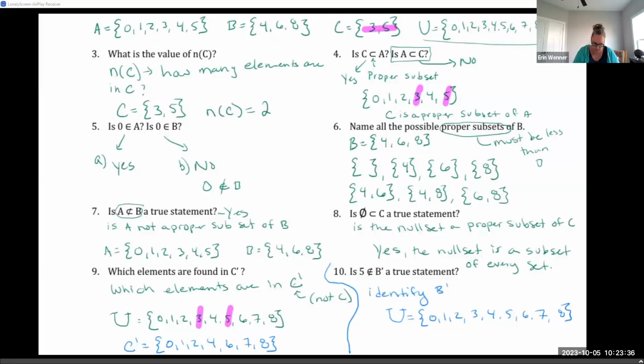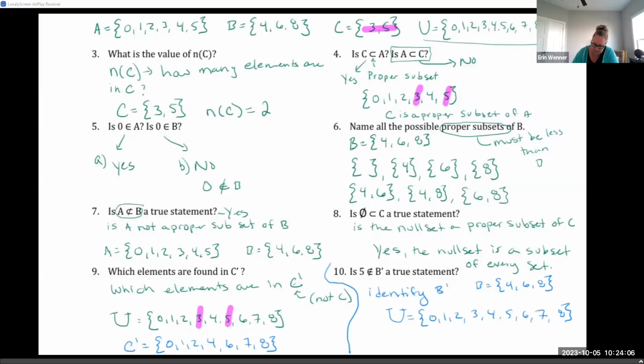First of all, in order for an element to be not in a complement, it needed to be in the original set. Because 5 isn't in the original set, it's going to automatically be in the complement. So this statement is not a true statement. But again, how do we know it's not a true statement?